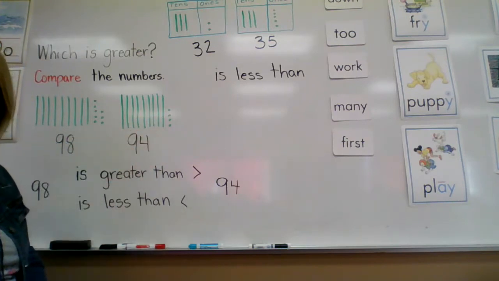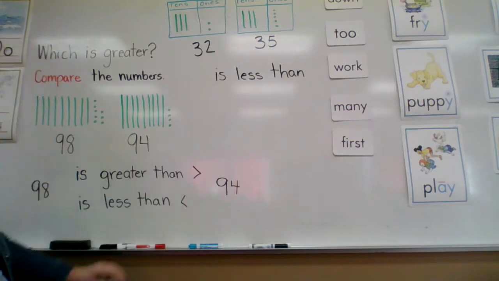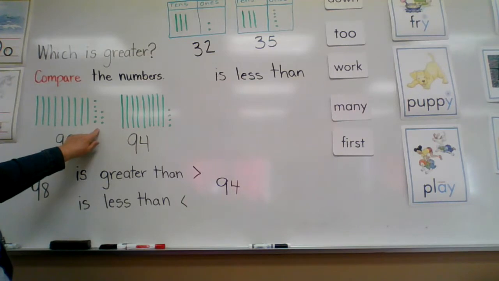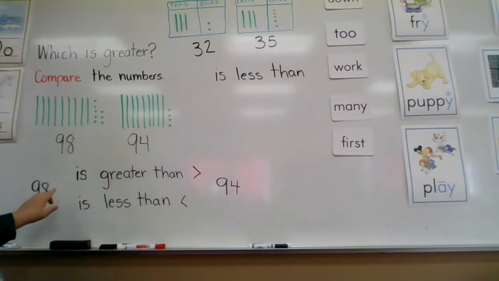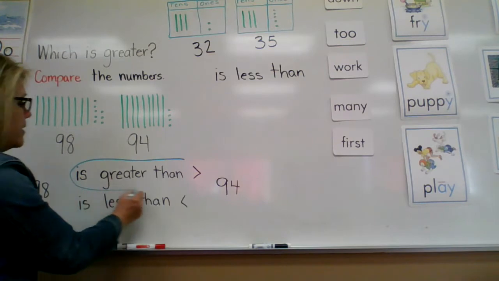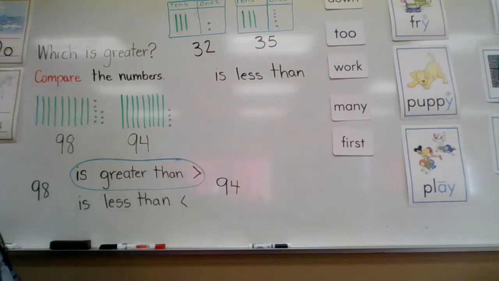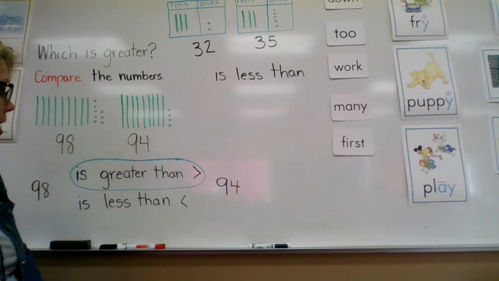Well, now we can answer the question, is 98 greater than or less than 94? Well, you know, boys and girls, that 8 is more than 4. So now you know 98 is greater than 94. Why? Because 8 is more than 4.